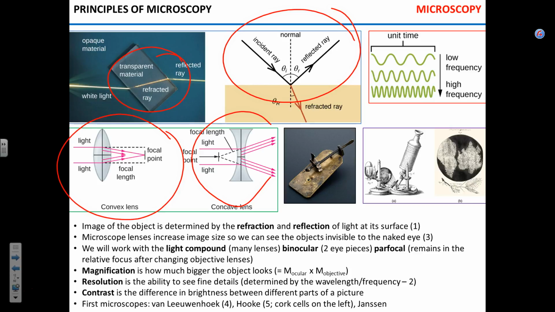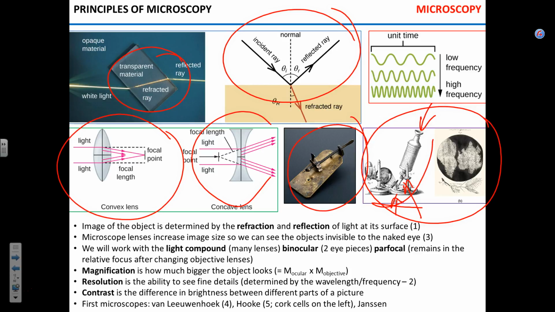We talked about the microscope invented by Leeuwenhoek, that Dutch guy that I told you about. It doesn't really look like anything modern, and that is the Hooke microscope. So you see the eyepiece, objective lens, stage, the light source, all elements of the modern microscope.